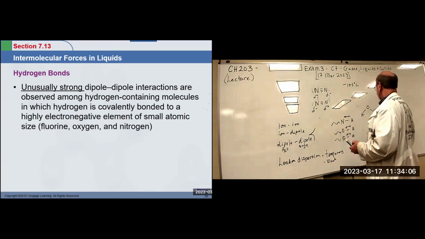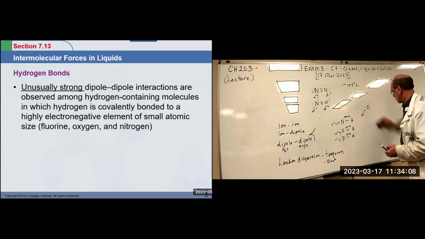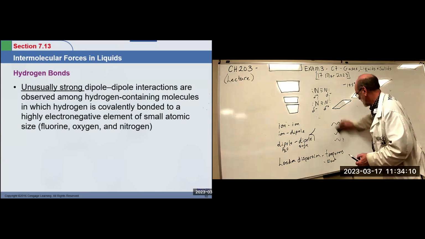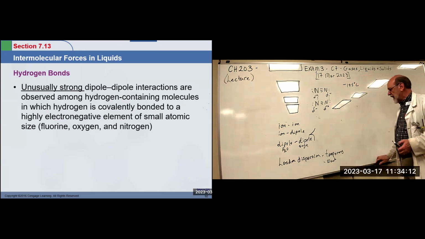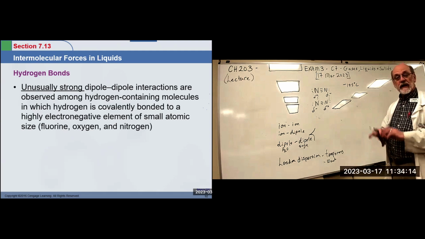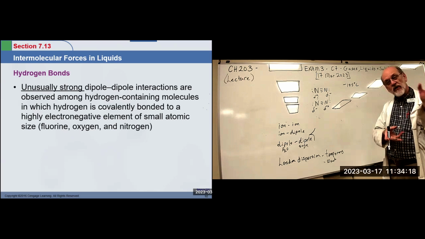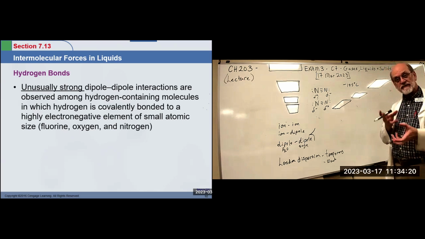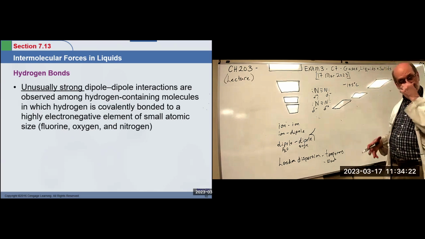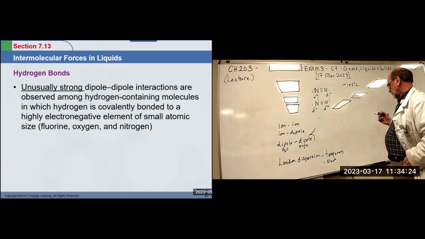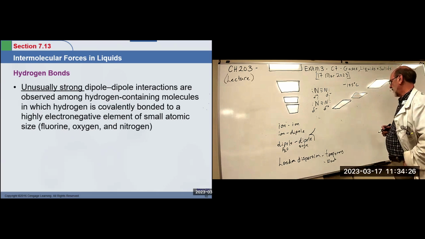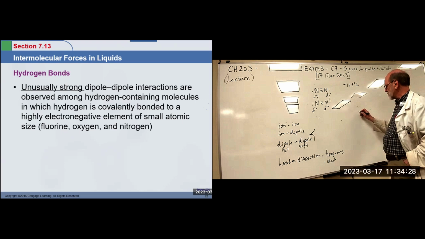Now, you can have hydrogen bonding on very large molecules where they bond with other portions of a molecule, if it's big enough to where it can wrap around, or you can have things like this.